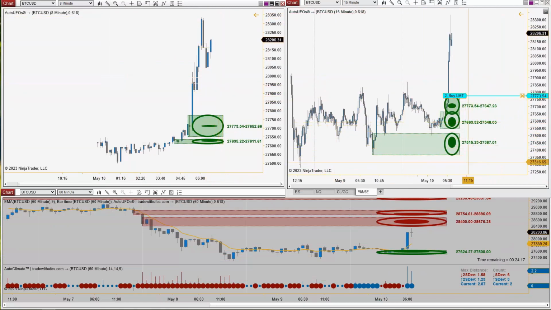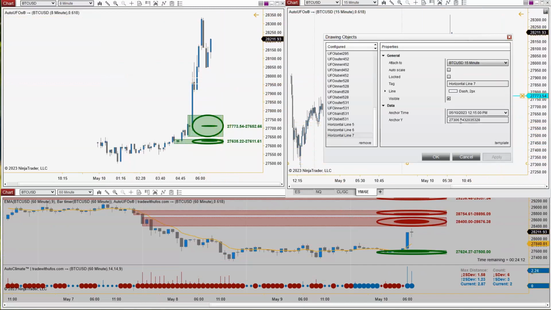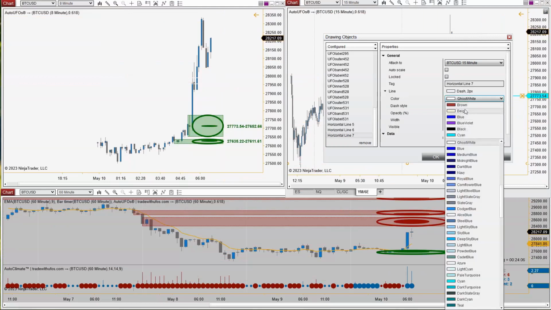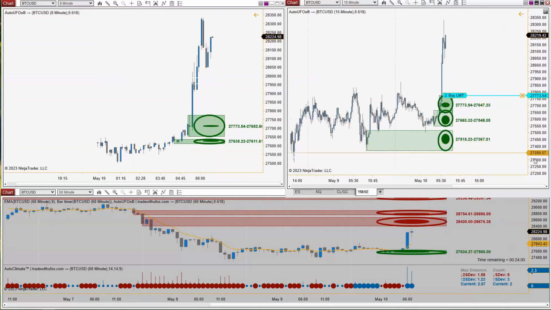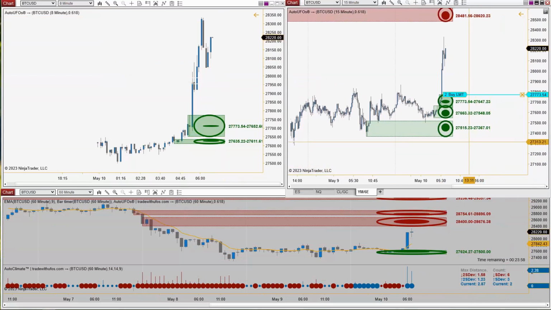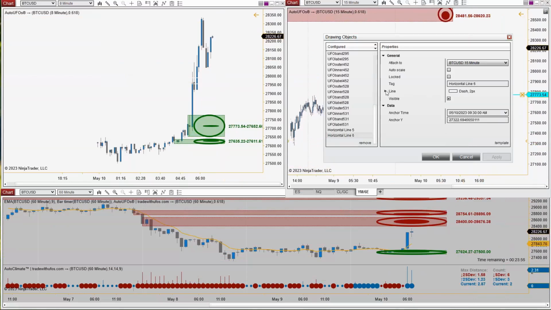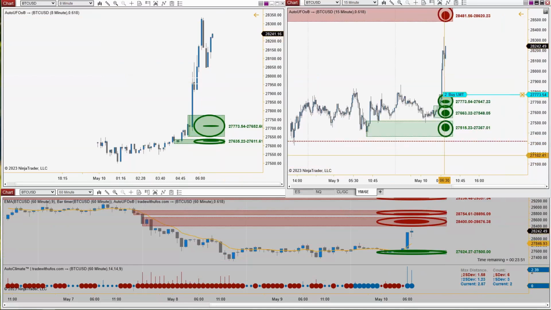Oh my God, it's white. That's why. It's probably because the default is black. So let's put this one as a brown, not a beige, a brown line. There it is. So that's our stop.